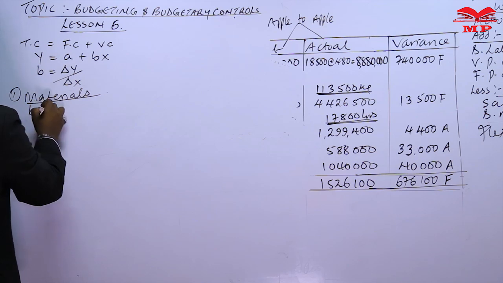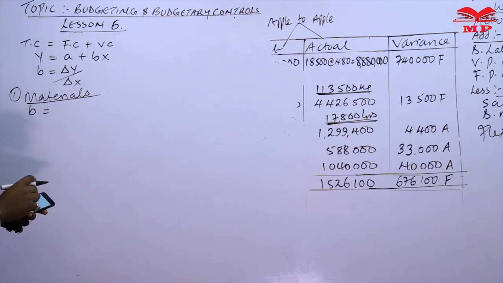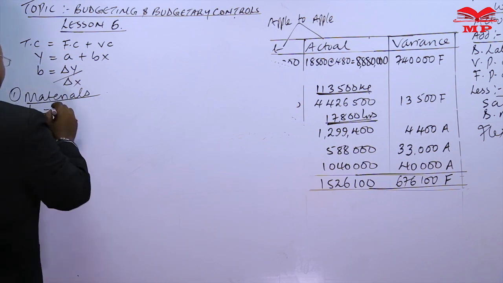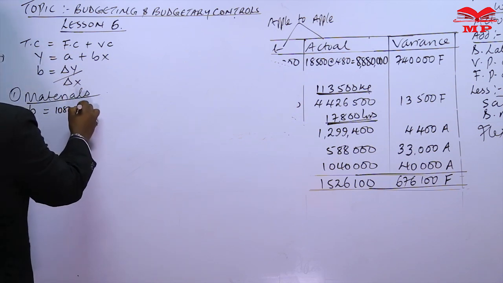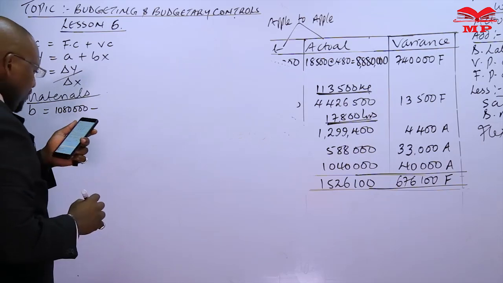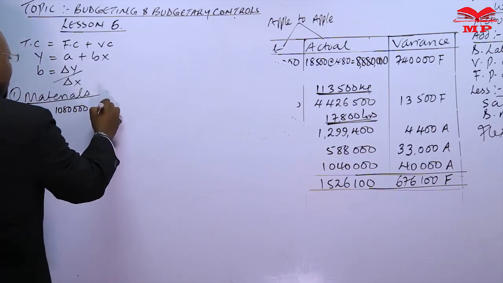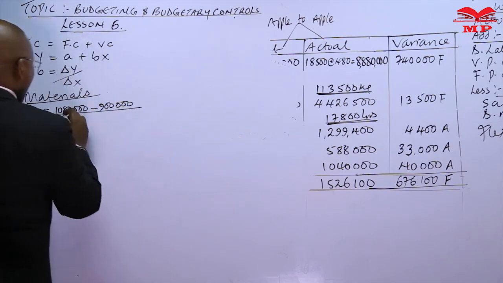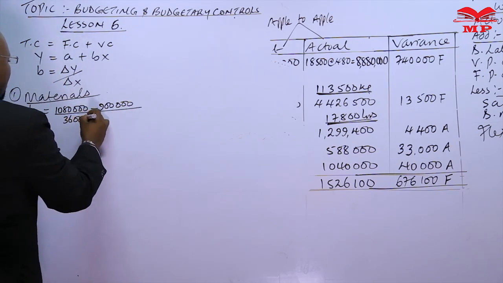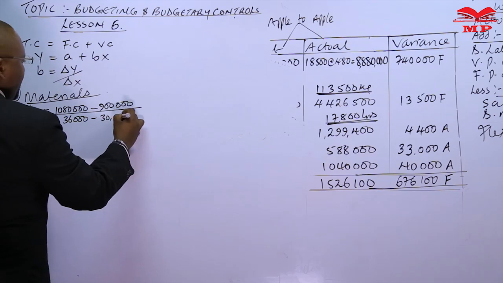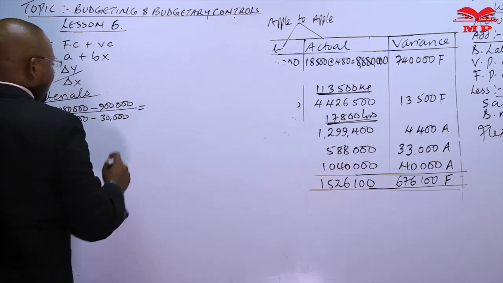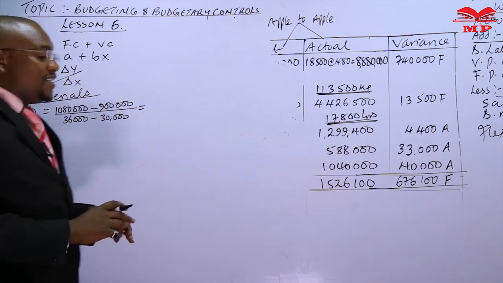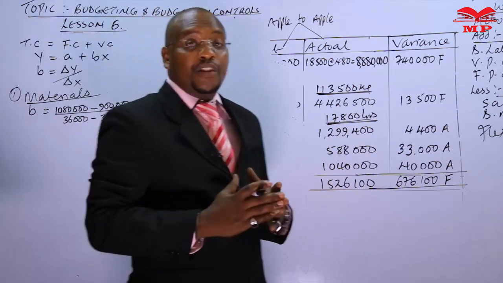When I say b, we can look at the change in cost. We take the cost of that 36,000, which is the highest, so it's 1,080,000. We subtract the cost of 30,000, which is 900,000. Then you divide by the difference between the higher and lower, that 36,000 units minus 30,000. This is going to give us b, which is the change. So remember, this b, I am determining it as the rate of change or the slope.